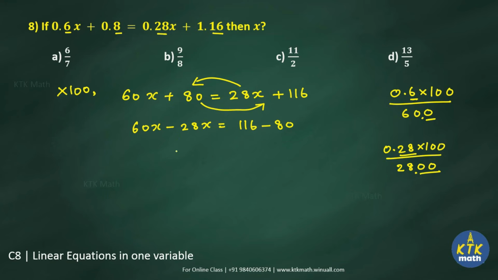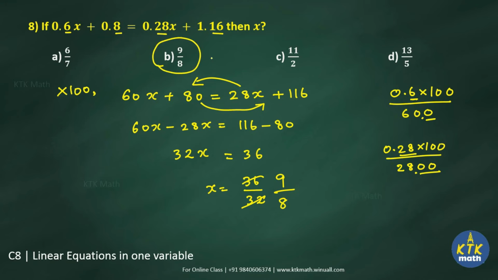Now subtracting gives you 32x, right? 60 minus 28 will give you 32x is equal to, what is 116 minus 80? 36. So x is equal to 36 by 32. By looking, we can say in which table these two numbers come. What is the common multiple of these two? 4, right? So 9 times 4, 8 times 4. So your answer is 9 by 8.